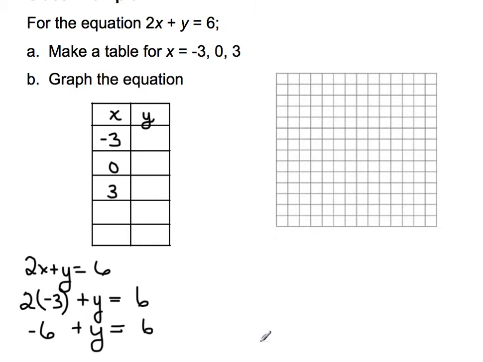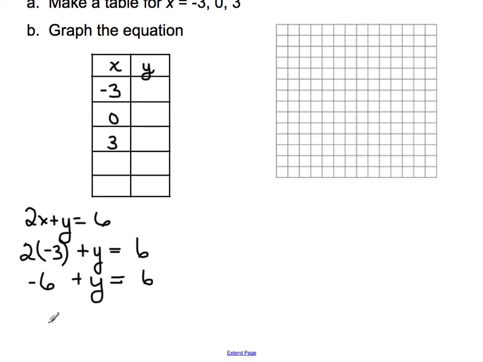Now this is going back to grade 7. This is just a simple equation. In order to solve for y, I have to get rid of the -6 because I want y by itself. To zero out a -6, I add 6.